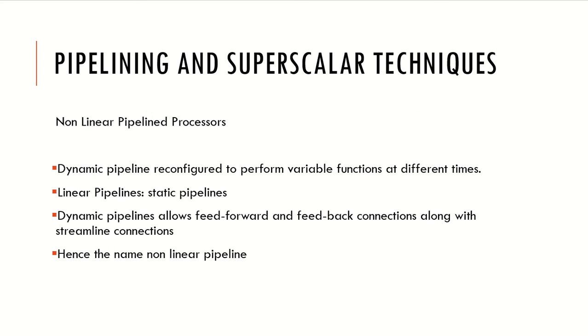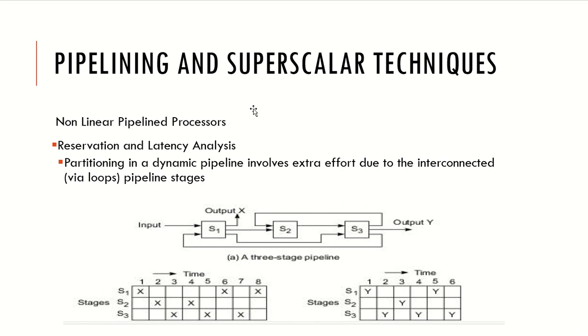I'll give you an example of a non-linear pipeline processor. Here you can see a three-stage non-linear pipeline. The arrows from S1 to S2 and from S2 to S3 correspond to the linear pipeline which we have discussed before.